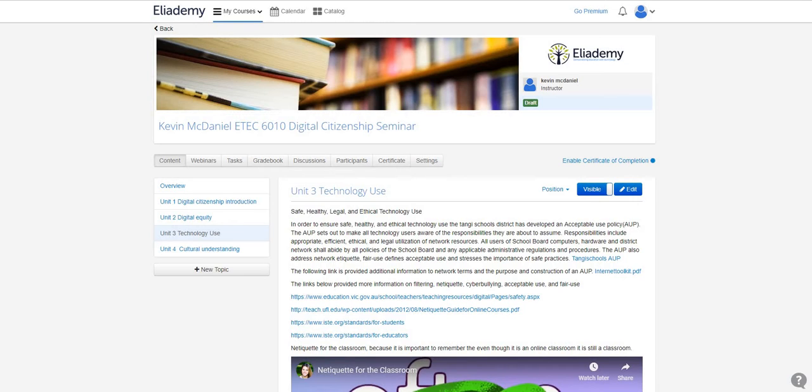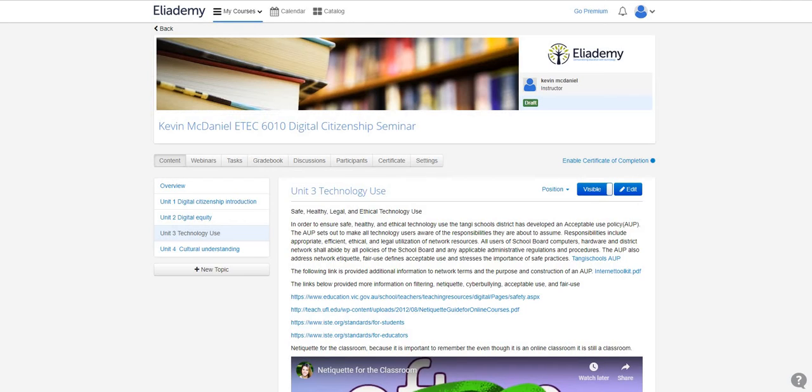So in order to ensure a safe, healthy, and ethical technology use, the Tangipahoa School District has developed an acceptable use policy. The AUP sets out to make all technology users aware of the responsibilities that they are about to assume. Responsibilities include appropriate, efficient, ethical, and legal utilization of network resources.